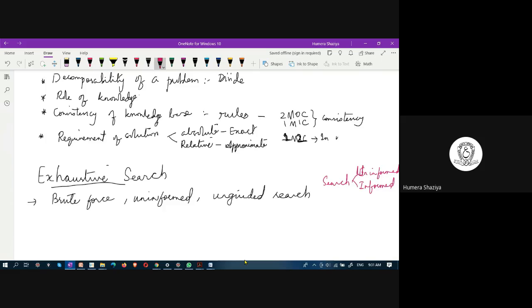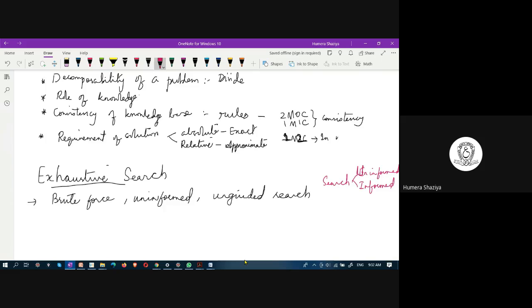That is uninformed search. In informed search, some kind of clues or hints or suggestions or heuristics are provided to the system, such that the system would make use of those in order to quickly find a solution.